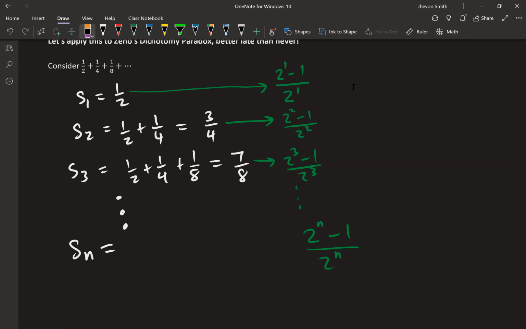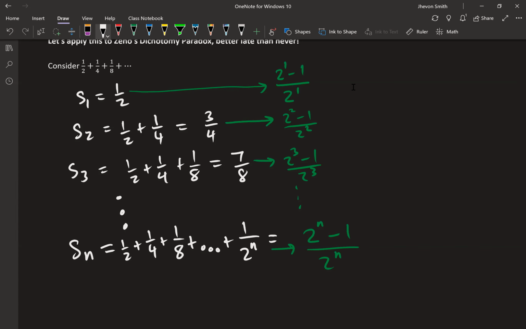Let's write this out a little bit more. This would look like 1/2 plus 1/4 plus 1/8 plus dot, dot, dot, going up to the nth term, 1/2 to the n. That is going to equal this formula.